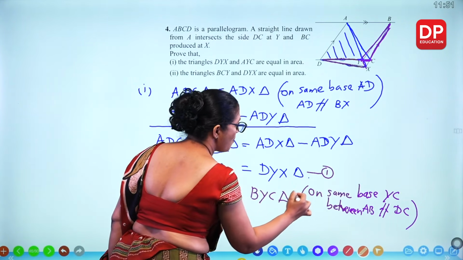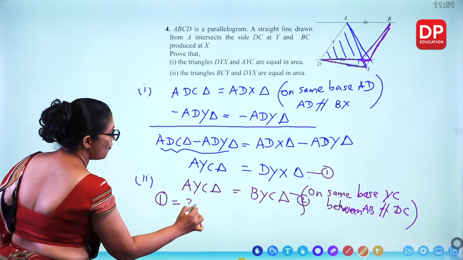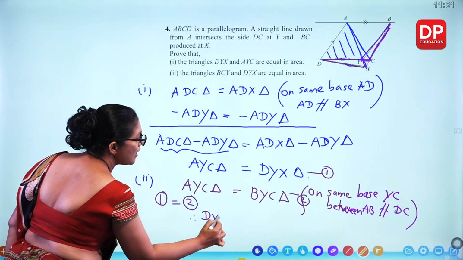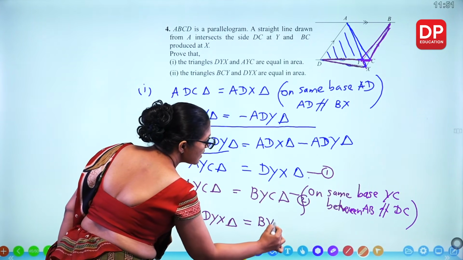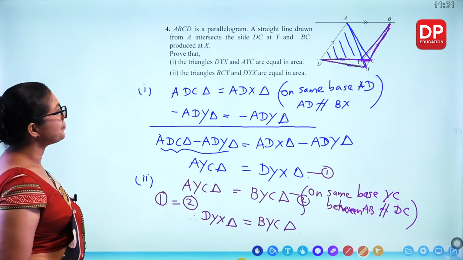Therefore, from 1 and 2, 1 equals 2. Therefore, area DYX is the same as area BYC.